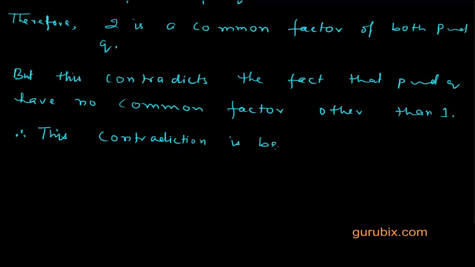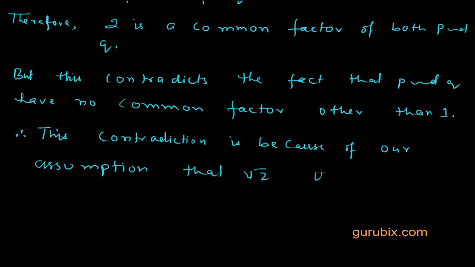Therefore, this contradiction is because of our assumption that under root 2 is a rational number.